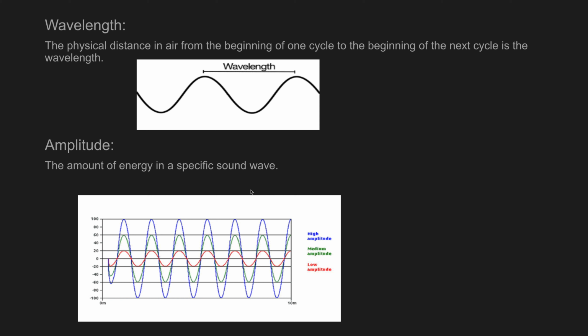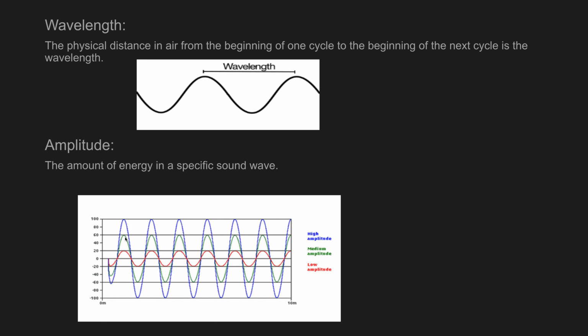Amplitude is the amount of energy in a specific sound wave. Okay. This can be measured. So you see the amplitude rating for this red one is about 20. For the green one, it goes up to about 60.